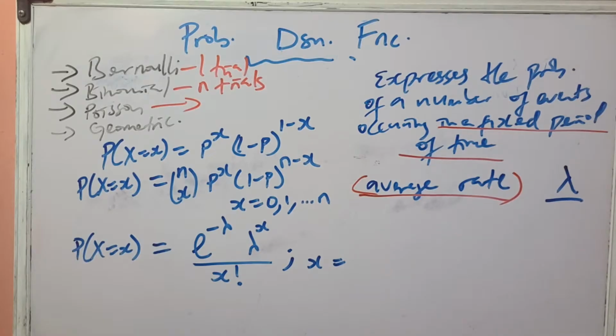For instance, in the question I read that said something will have 2.3 radioactive decays per second, you know lambda there is going to be 2.3, because 2.3 per second is the average rate. If they say 1.3 per hour, that's the average rate.